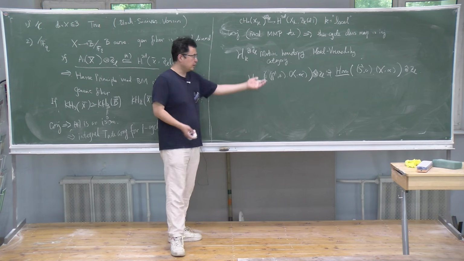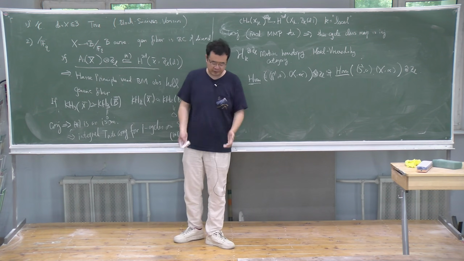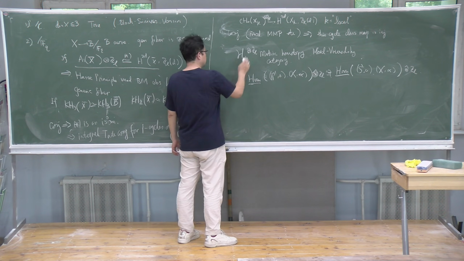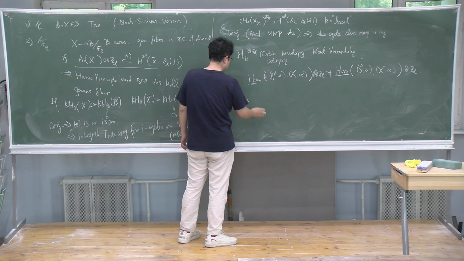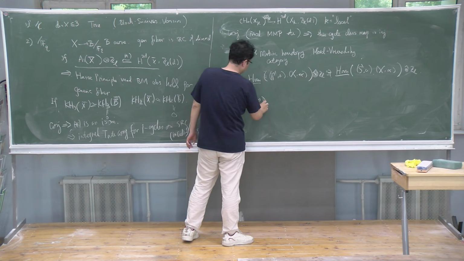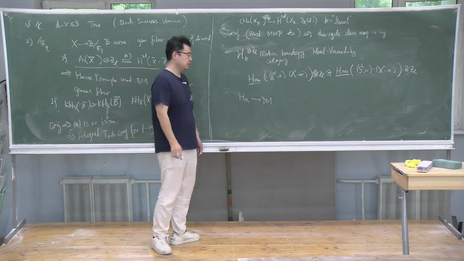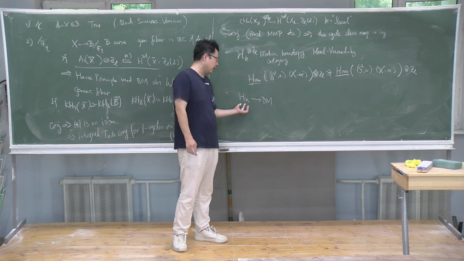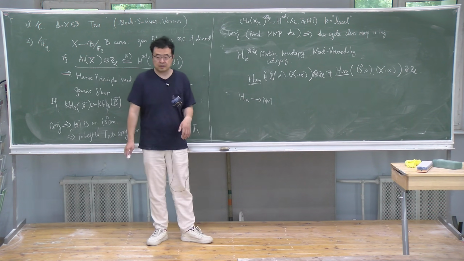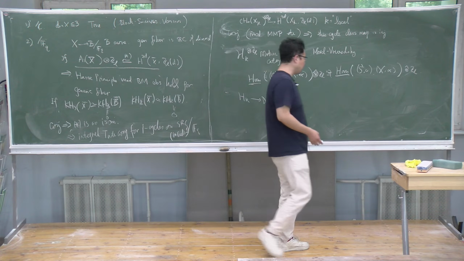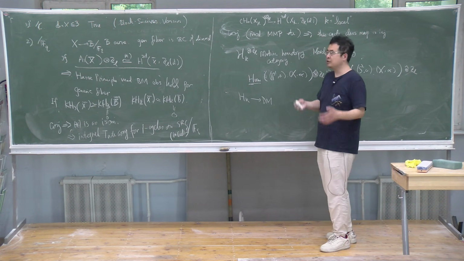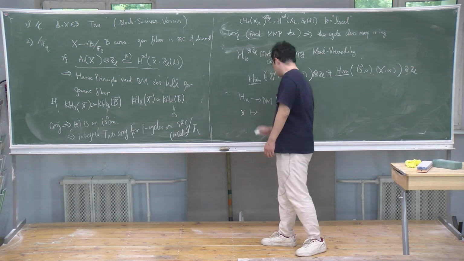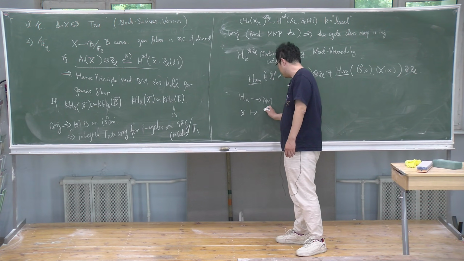But again, how is this one related to the DM version? Basically, there's a functor from H to DM. So for each object, for each variety X inside of this, you just map it to X in DM. But the X in DM, you should think of this as an infinite symmetric product.